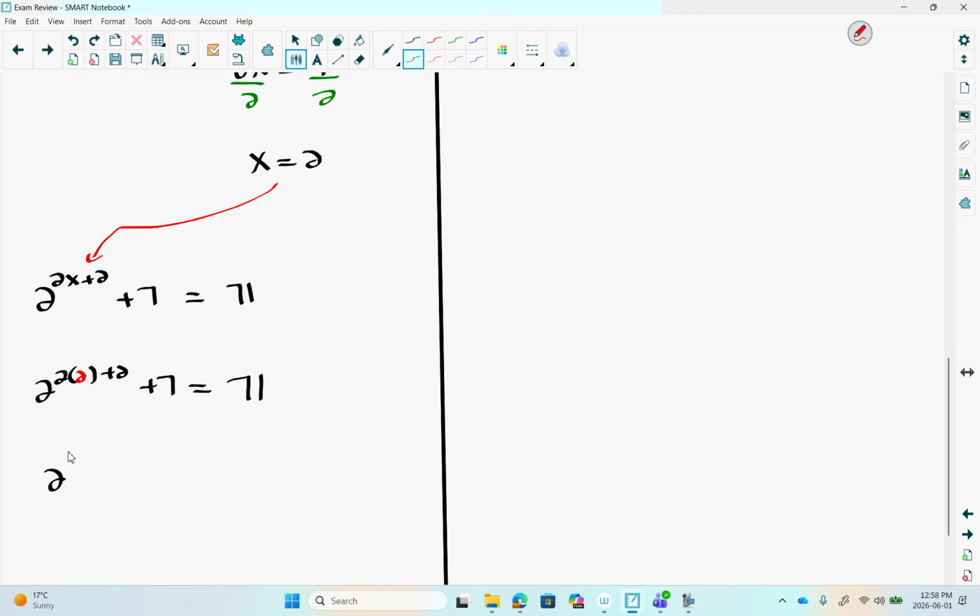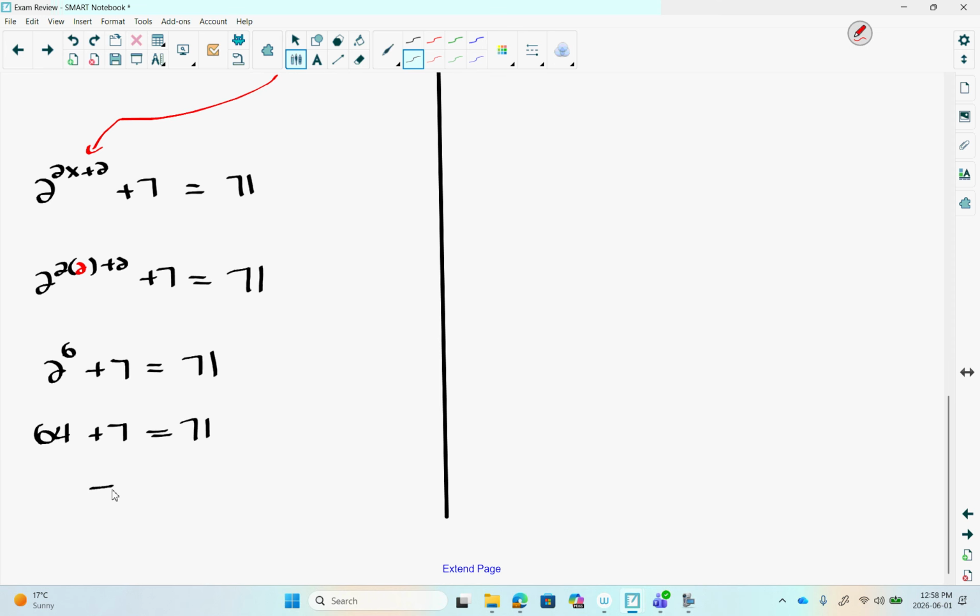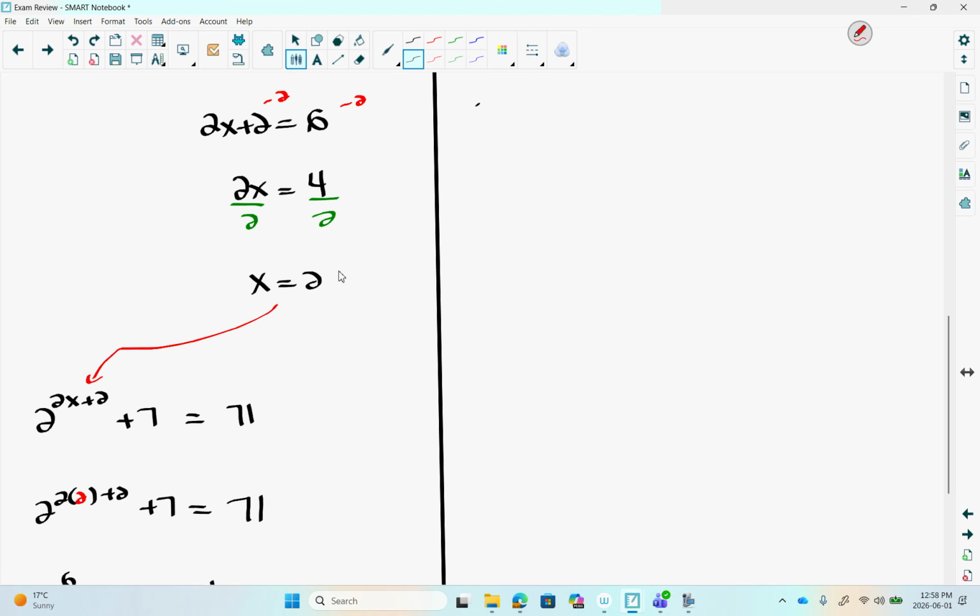I'd have 2 to the power of 6 plus 7 equals 71. 2 to the power of 6 is 64 plus 7. 71 equals 71. What does that say about x equals 2? It is a solution, or it's an extraneous solution, or it's not a solution. It's a solution. X equals 2 is a solution.